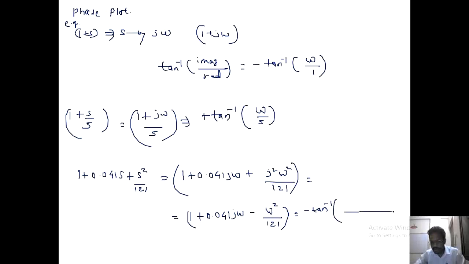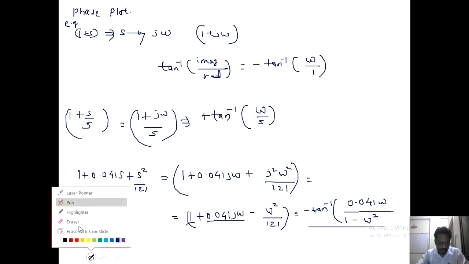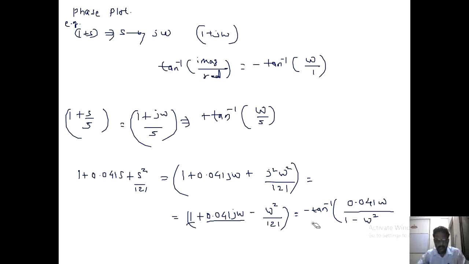The imaginary part is the coefficient of j, which is 0.041 omega, divided by the real part, which is 1 minus omega square by 121. So this is the formula.